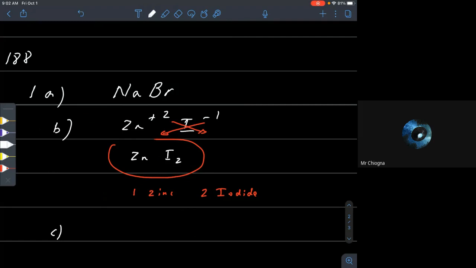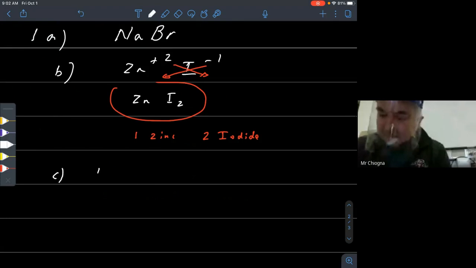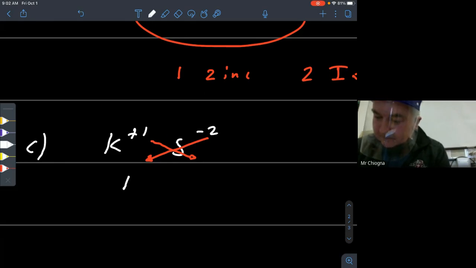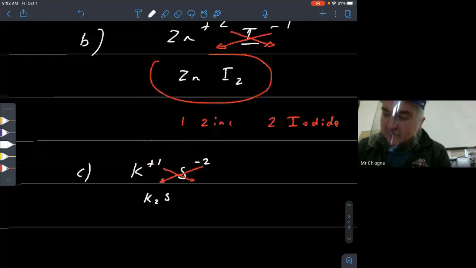Next, K +1, sulfur -2, crisscross. The 1 there. We put the 2 there. You don't have to show the 1. Potassium sulfide.